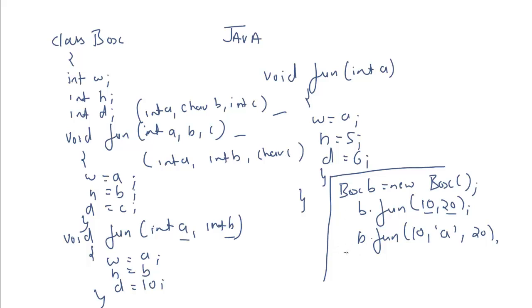So what I can say is the deciding criteria for the overloaded method will be the number of parameters, the order of parameters, then the data type of the parameters.